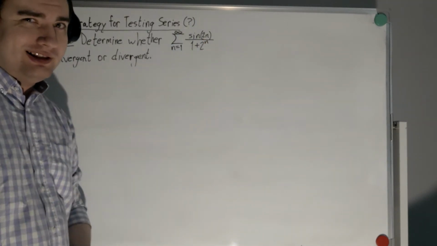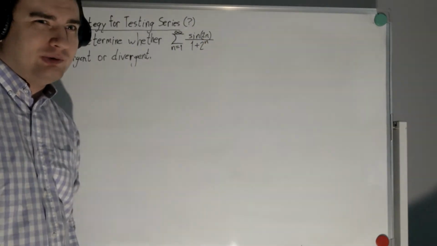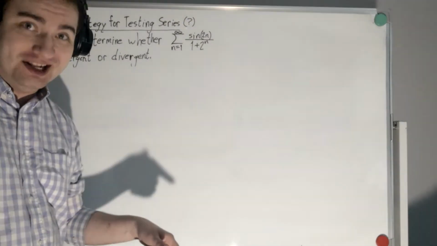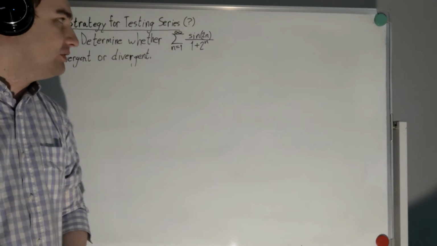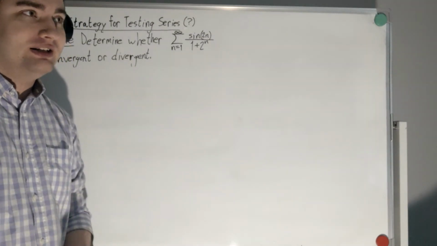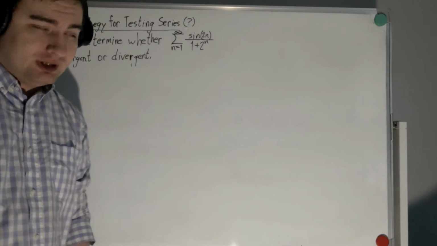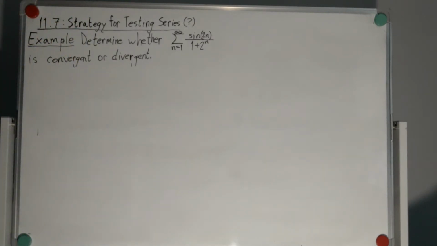Sine of 2n is going to have some pretty erratic signs. It could be positive or negative depending on what n is, right? And it's definitely not going to flip back and forth every single term. So this is weirder than an alternating series, so I prefer not to have to deal with that.